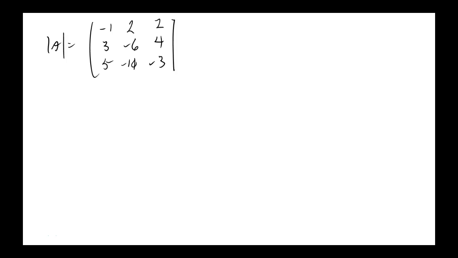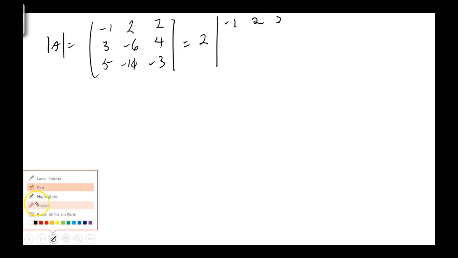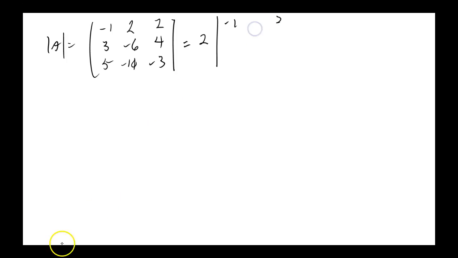A little louder? Exactly. Okay. So let's do that. And this will be, if you factor out of that, you factor out of the determinant as well. Minus 1, 2, 2, oops. Minus 1, 1, 2. That's what we're doing. That's ugly too, isn't it?